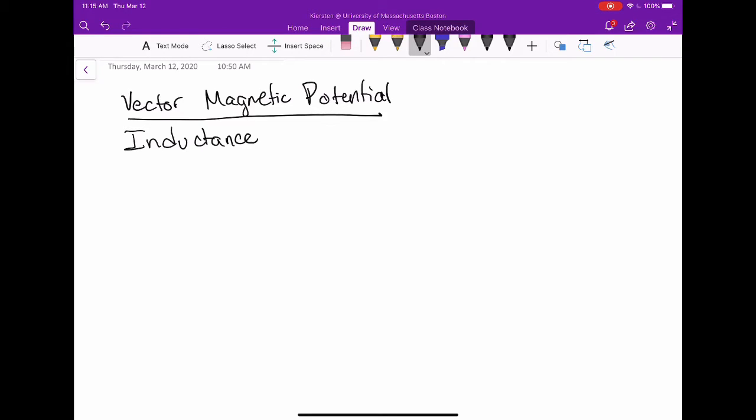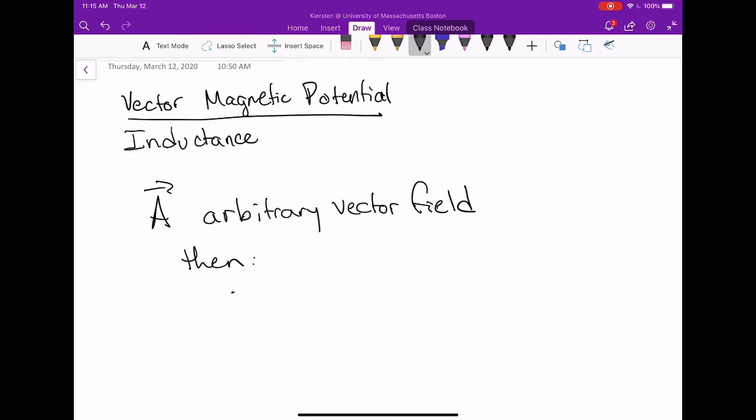It is a property of the curl that for whatever vector field you want to choose, if you define some vector field and give it the name A, an arbitrary vector field, then the curl of A has 0 divergence.